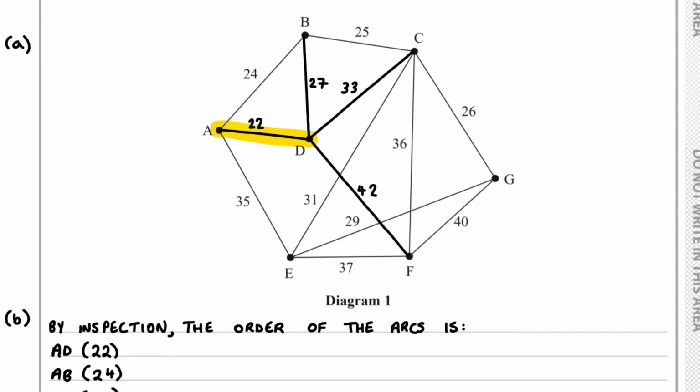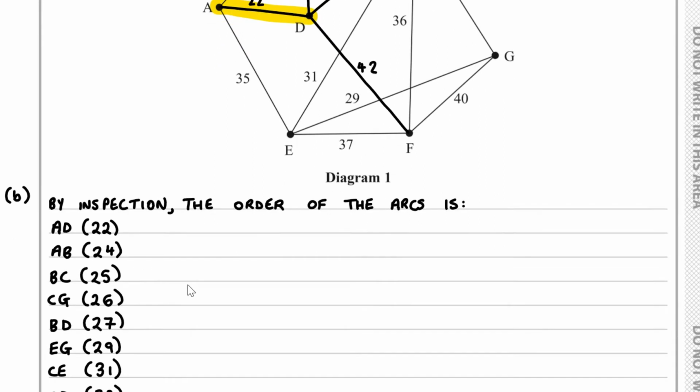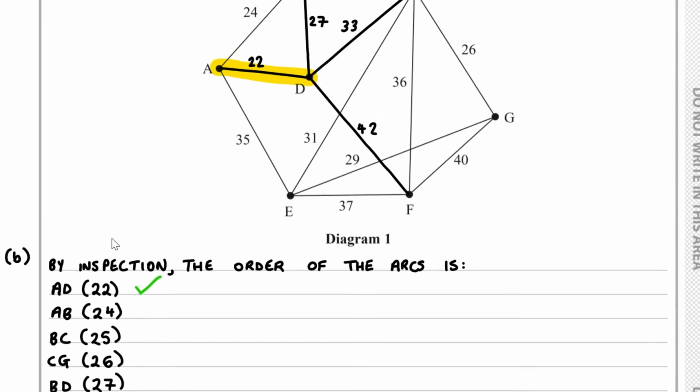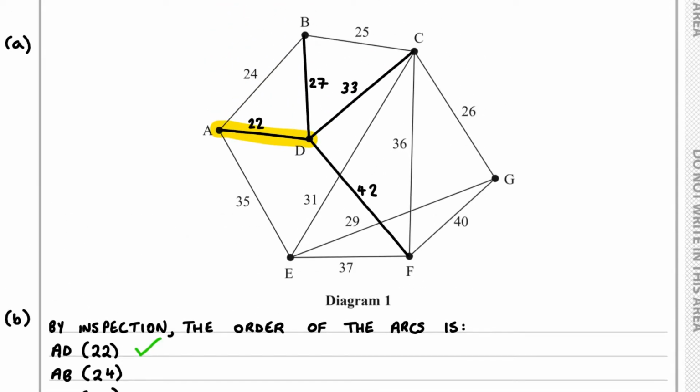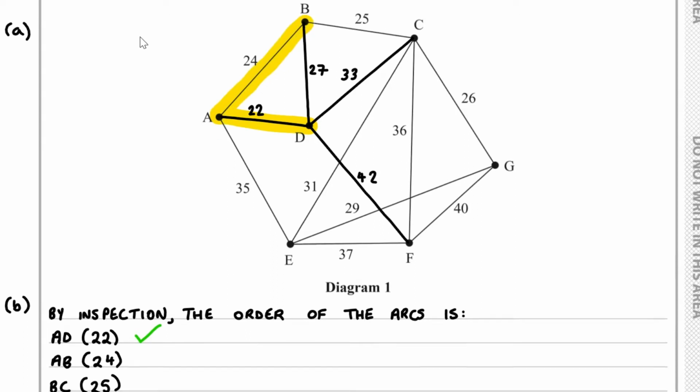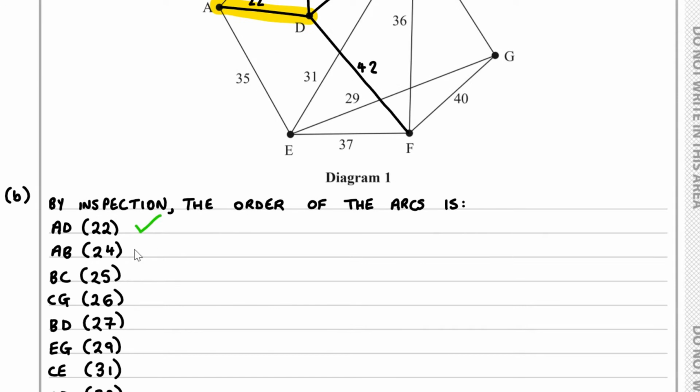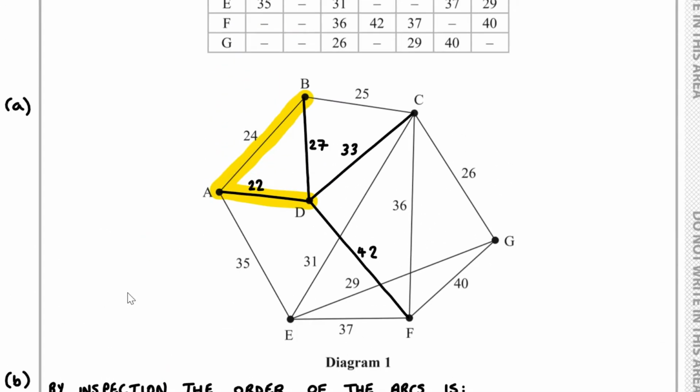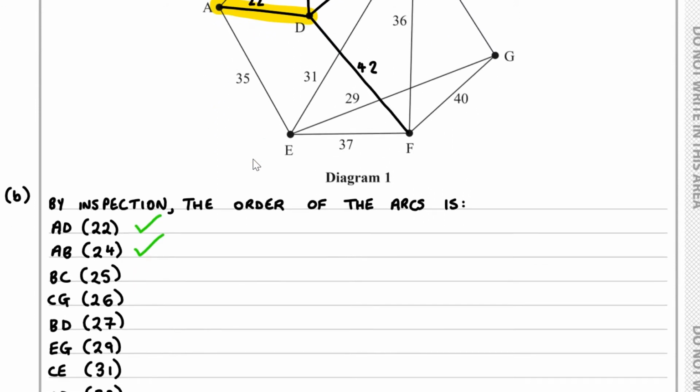And let's show we've accepted this by ticking off AD. We then have AB. Let's tick it off. Then we have BC. Let's tick this off.